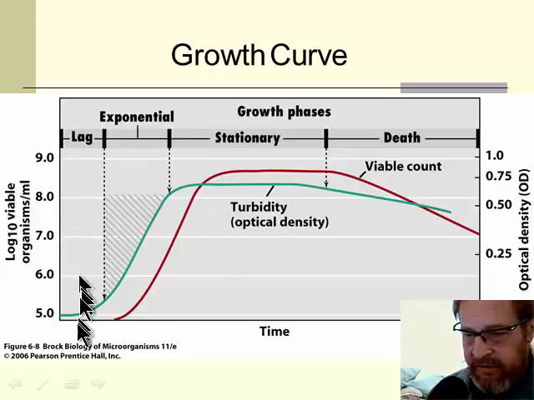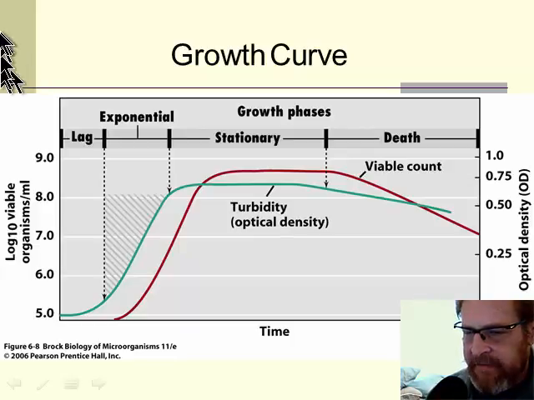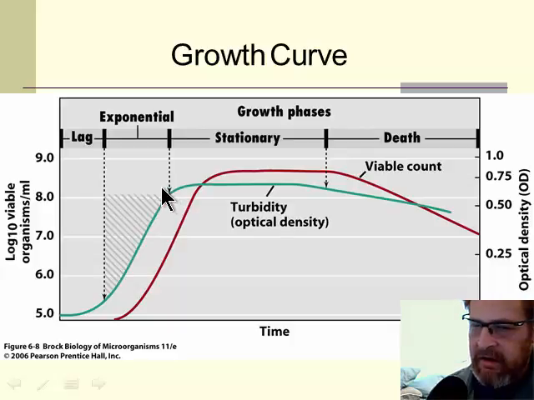Okay. So we go through first the lag phase where there's almost no growth, and mathematically the numbers just aren't there yet to see a big increase. Now we go through this exponential or log phase, and in the log phase these cells are increasing in a logarithmic pattern, and that should be a straight line on log paper.